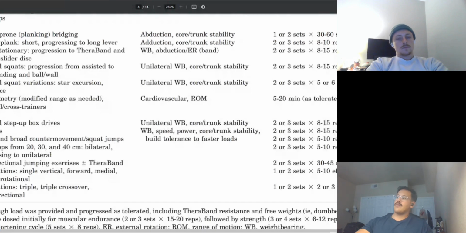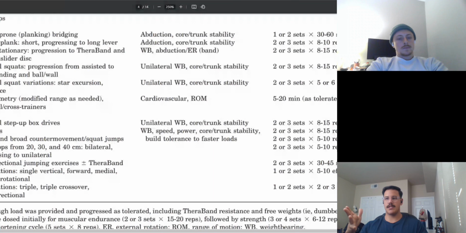And then the last one, kind of following that theme of weight bearing, more unilateral, and working on core and trunk stability. They go into higher level things like plyometrics, adding in box jumps, step ups, vertical and broad jumps.